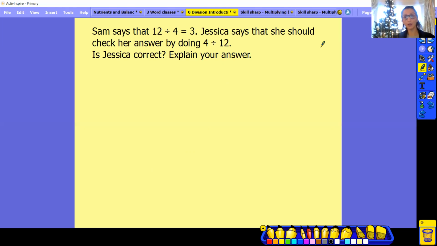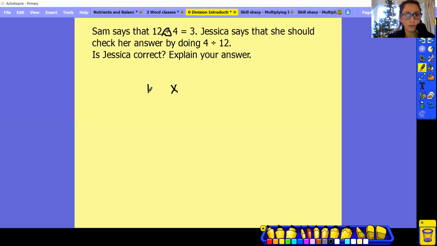So first of all, remember, if we want to check if something is right, we need to do the inverse, okay? So we need to do the inverse of divide. Now, what's the inverse of divide? Well done if you said multiplication. So there are 2 multiplications that you can do.